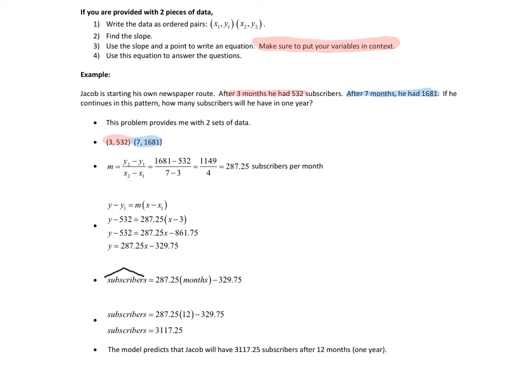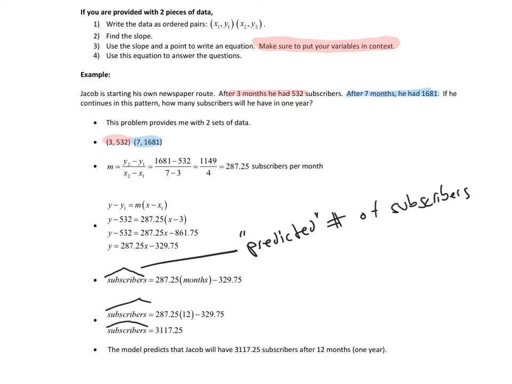And what needs to go on these, and our printer doesn't print these for some reason, is this little hat symbol. We literally call it a hat. We're going to put that over subscribers every time, and what that means is predicted number of subscribers. Because our model is meant to be a prediction. The real world's messy and not everything is a perfect straight line.